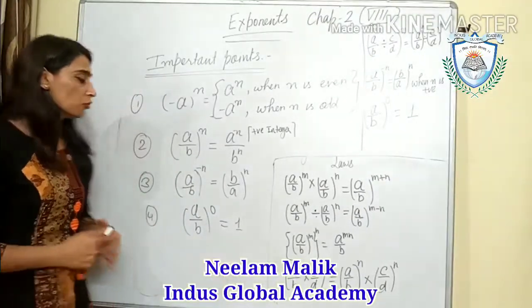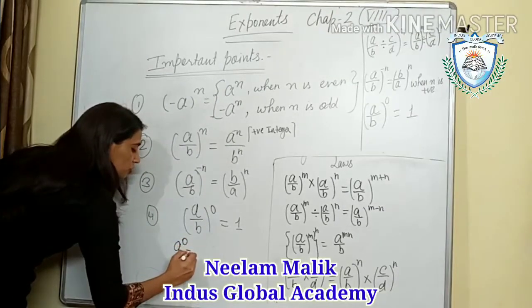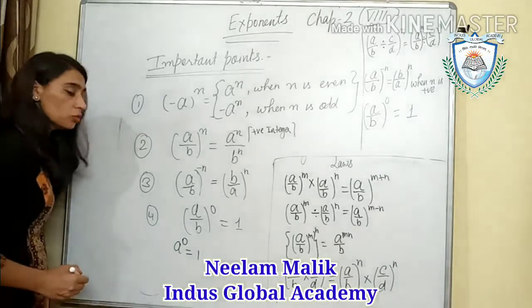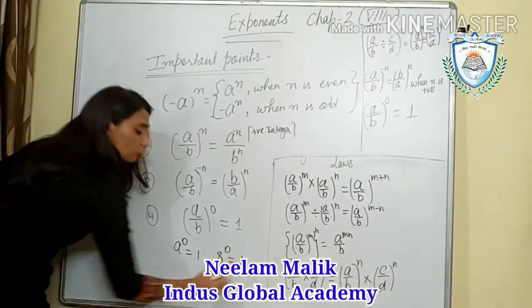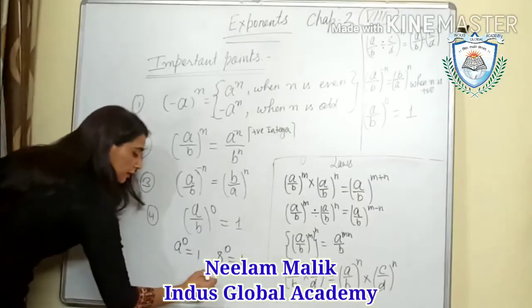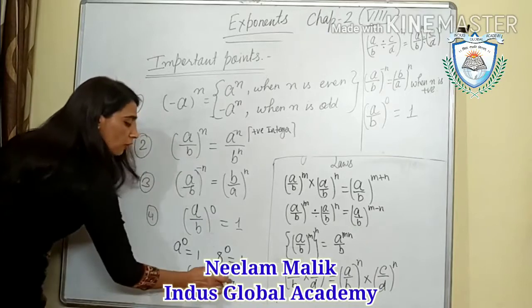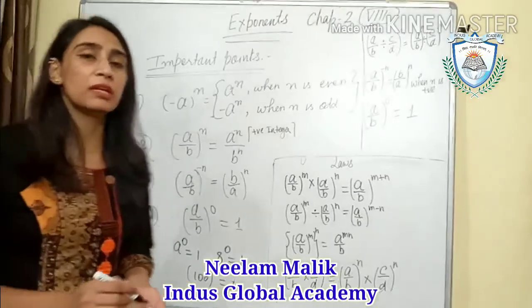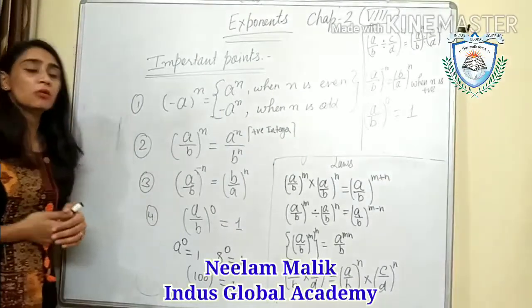Here you can say a raised to 0 is equal to 1. If you are having 8 raised to 0, that will be 1. If you are having 100 raised to 0, that means 1. Means if the power of any integer or any rational number is 0, then the answer will always be 1.